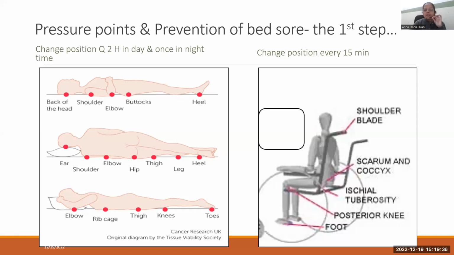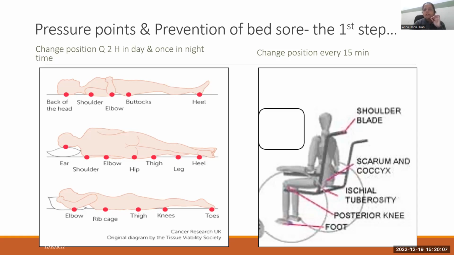Our patients will be very skinny most of the time, so they are very much liable to get pressure sores. Even the thighs, rubbing of knees, and the leg over the heel. When the patient is in prone position on the abdomen, the patient will tend to develop pressure sores over the elbows, rib cage, thighs, knees, and toes.